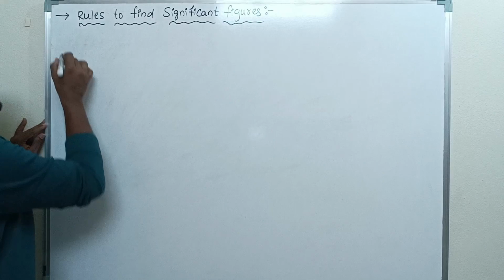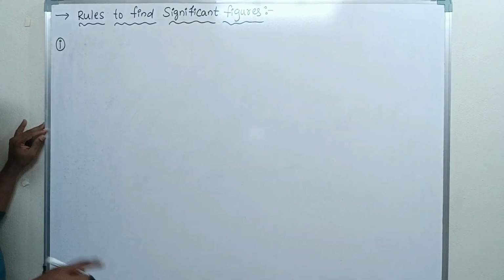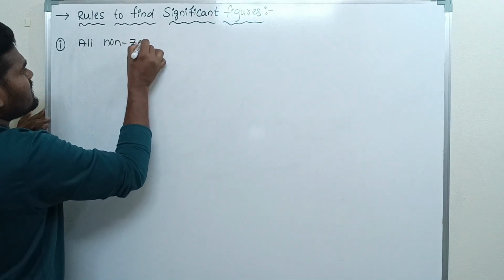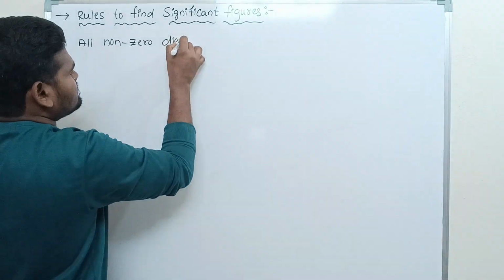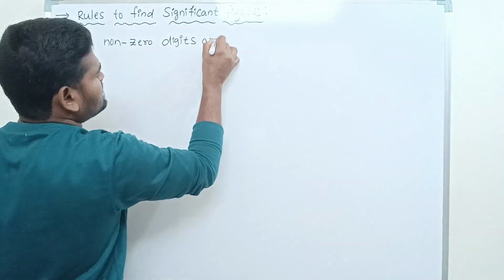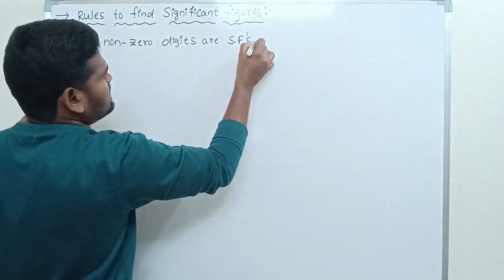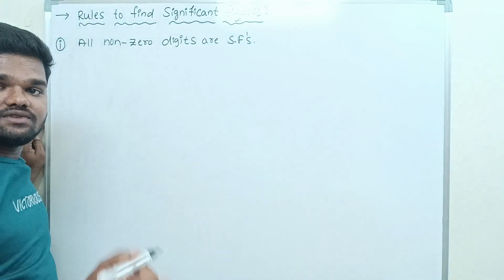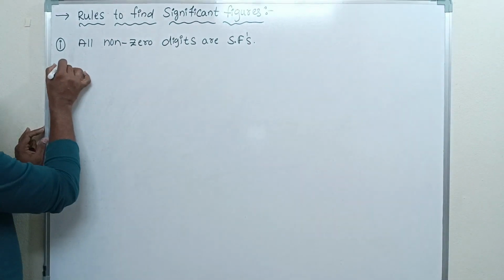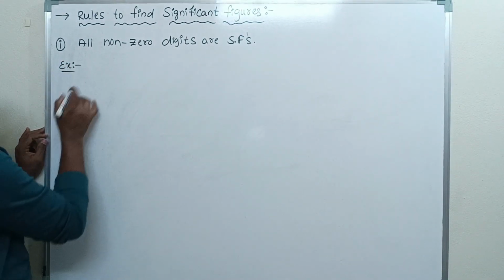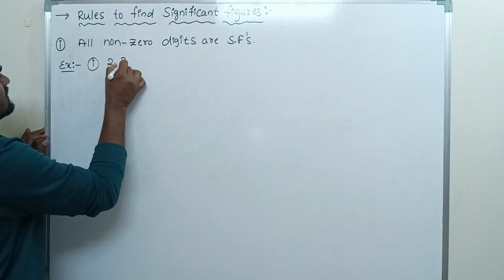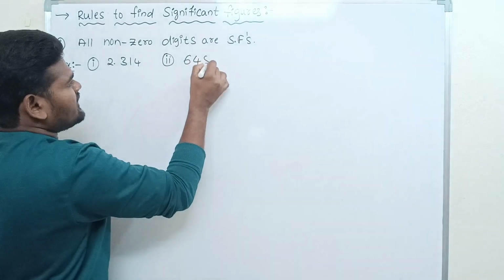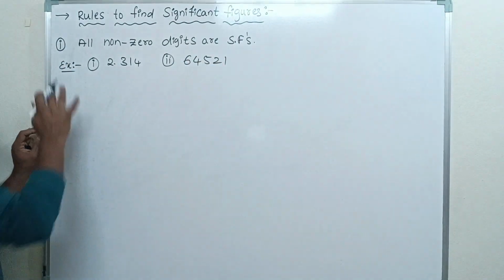So the first rule is all non-zero digits are significant figures. Non-zero digits means anything except 0, like 1, 2, 3 and so on. For example, 2.314, and second, 64521.